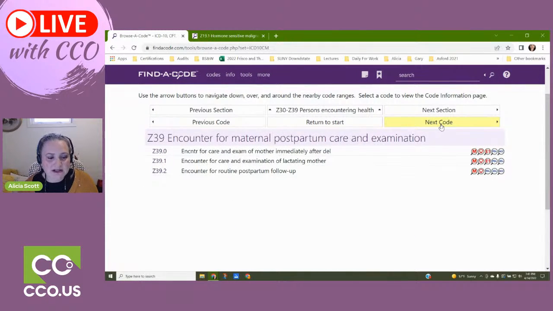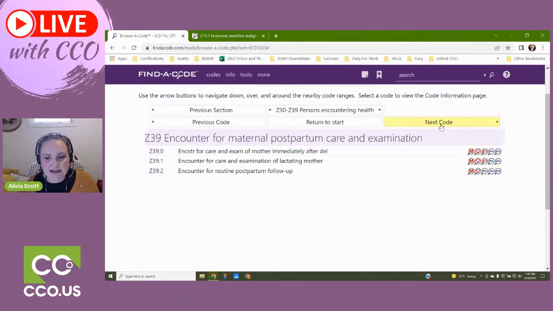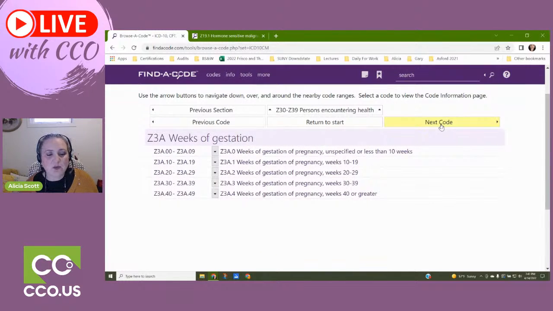Maternal postpartum care and examination, part of the process. And then we get into weeks of gestation, those Z codes. Now, you don't have to have these codes memorized. If you're working in OB, you're going to have them memorized if you're working for an obstetrician. But know that you don't have to because they're all over the manual in the O codes. They're all right there written in.